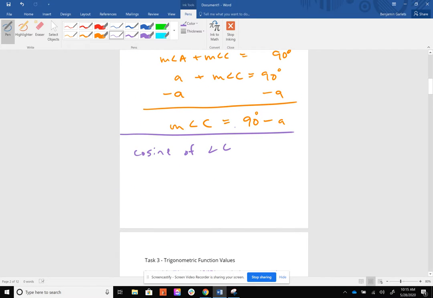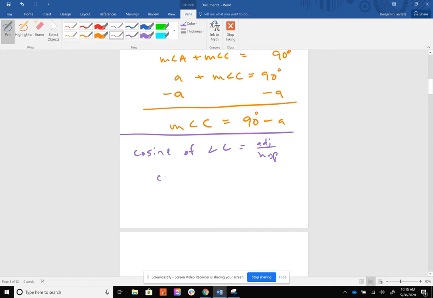So this is important information. I'm going to get rid of this for now. Cosine of angle C, we know that it's adjacent over hypotenuse.